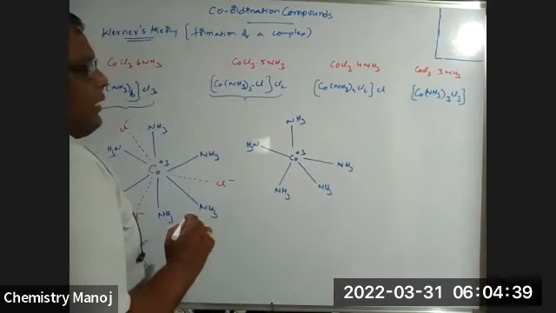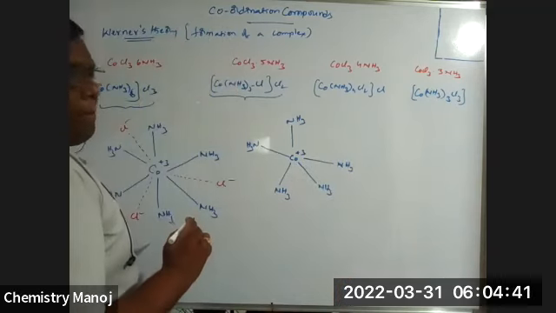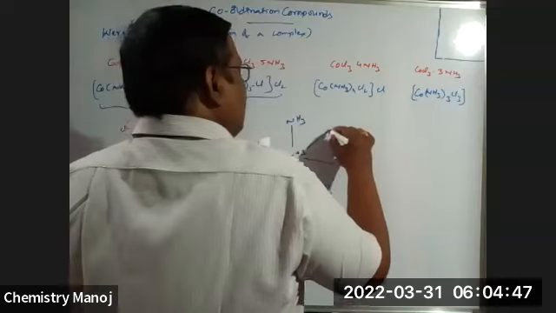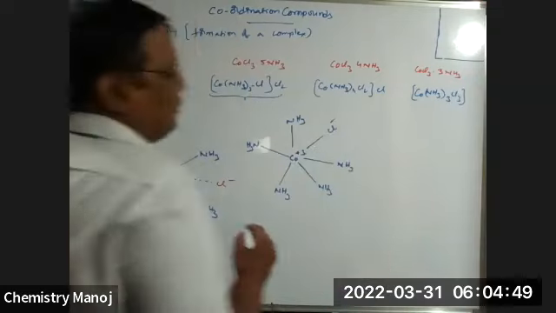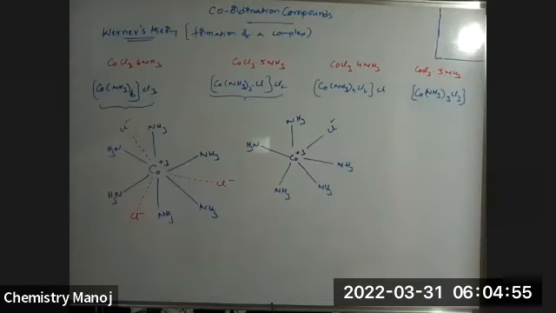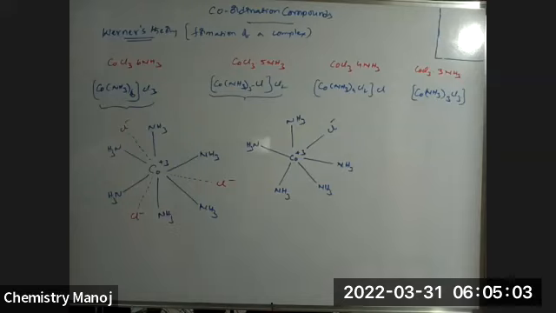Inside, how many chlorines are there? One chlorine. That can also satisfy secondary valency. So now how many solid lines? 6 total, 5 with ammonia and 1 with chlorine.